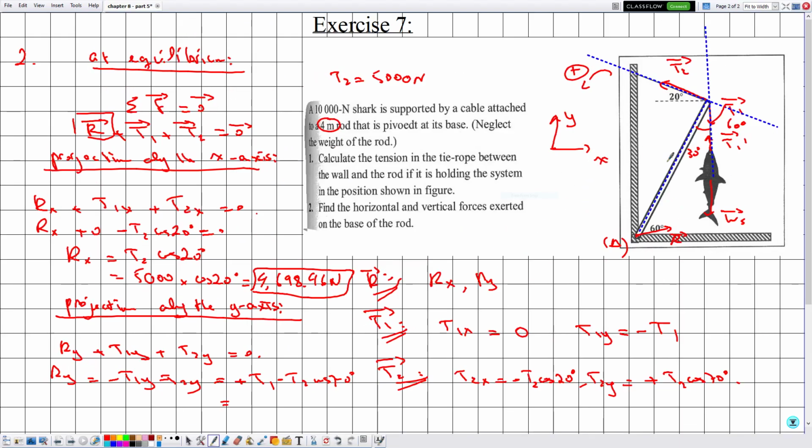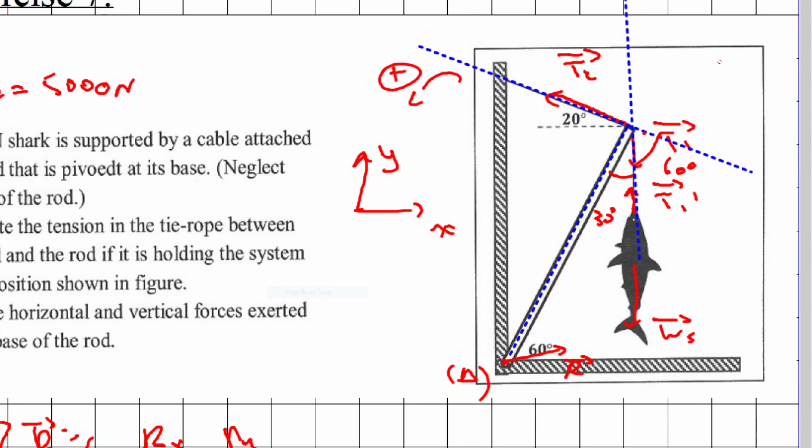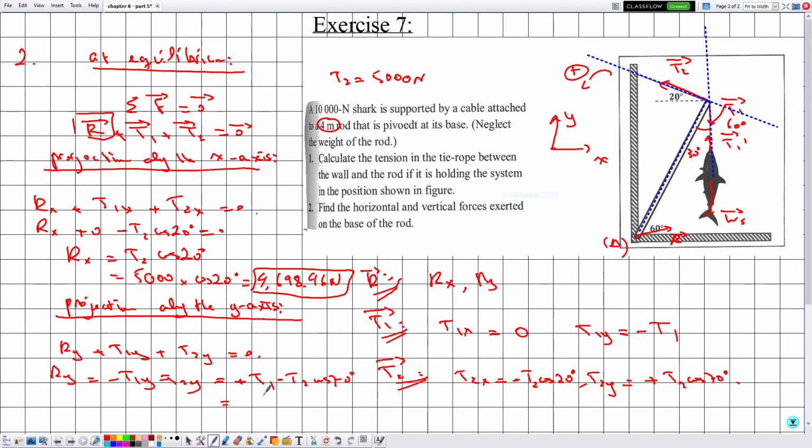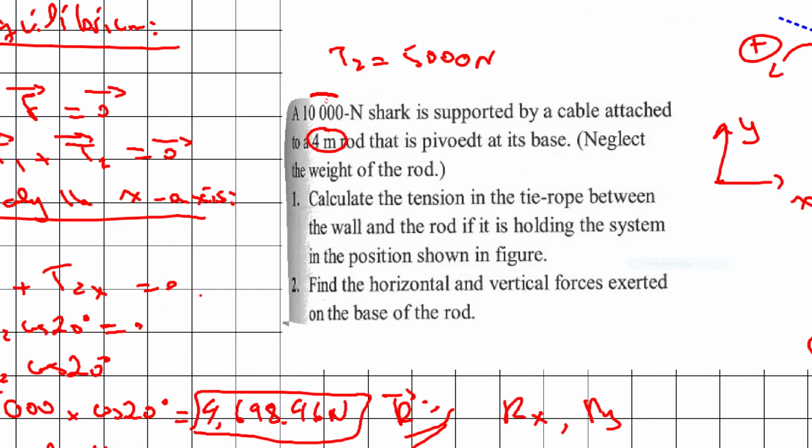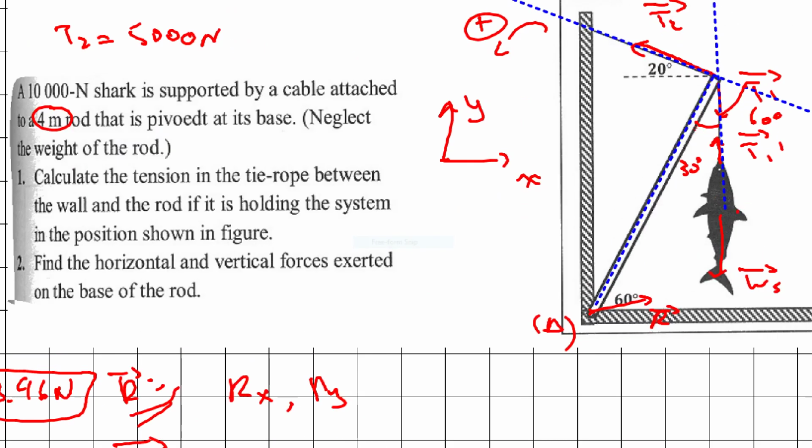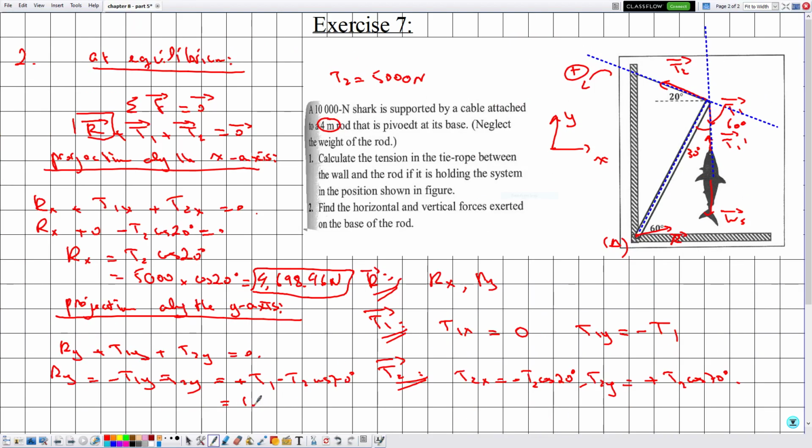But later, what will happen if this is acting like this and this is acting like this? What will cancel these two forces is something like this. So Rx and Ry must be positive. Now referring to the figure, here we expect that Ry must be positive. T1 is given by 10,000, I think. Yes, this is T1, which is due to this weight. Minus 5,000 multiplied by cosine 70.